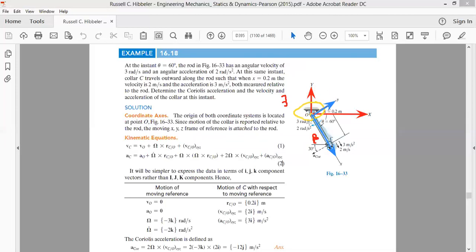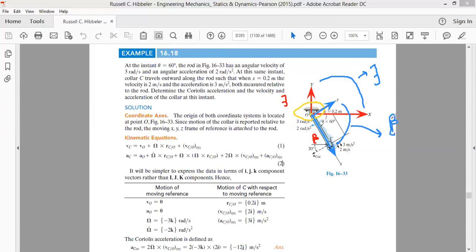This is the y-axis of our beta frame of reference. What is being denoted by red is our ground frame of reference, and what is being denoted by the blue lines is our beta frame of reference.